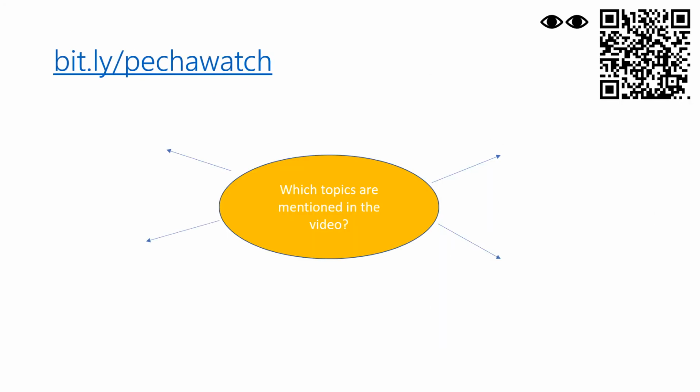I would like you to pause this video lesson and type the link into your browser, bit.ly Pecha Watch, or you can scan the QR code to access the video. While watching, your task is to answer this question: which topics are mentioned in the video? So pause the video lesson and watch the video about Pecha Kucha presentations.